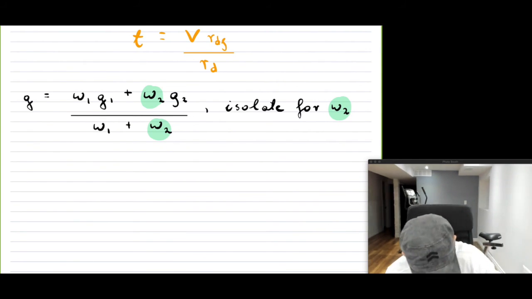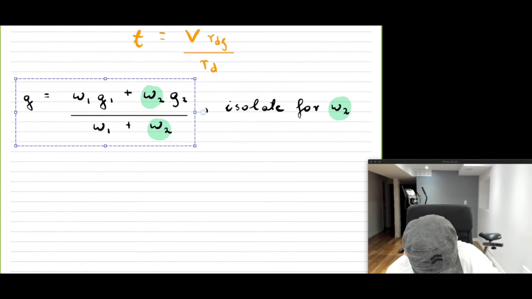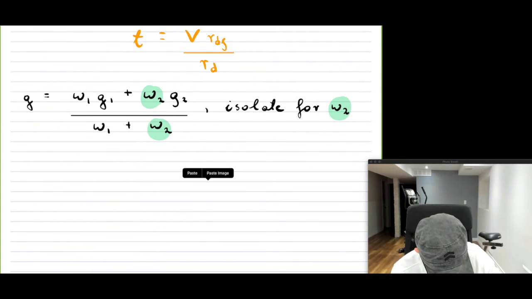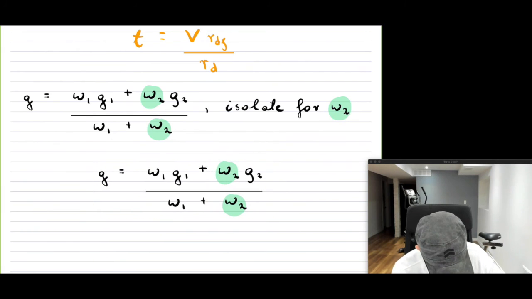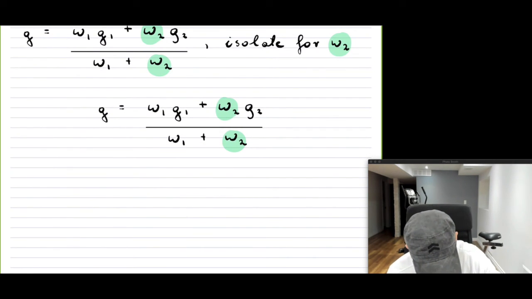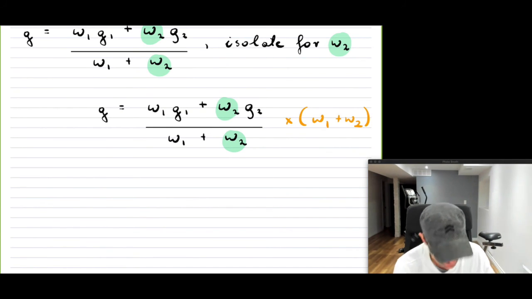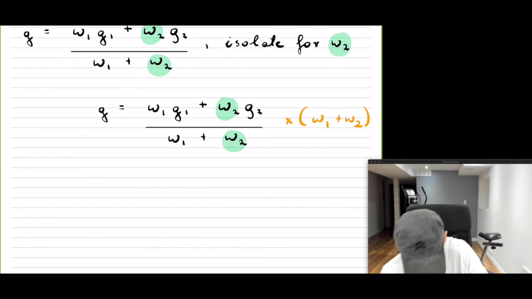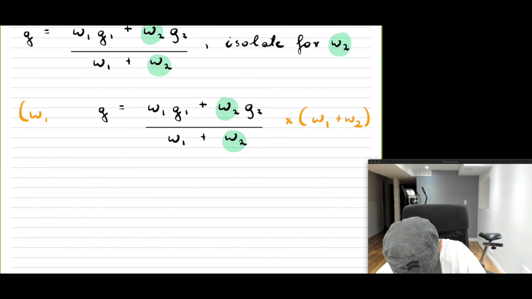In these cases, the first thing we want to do is clear out the denominators. So I'm going to multiply by W1 plus W2 to get rid of that entire denominator, and of course I have to do that to the other side as well.